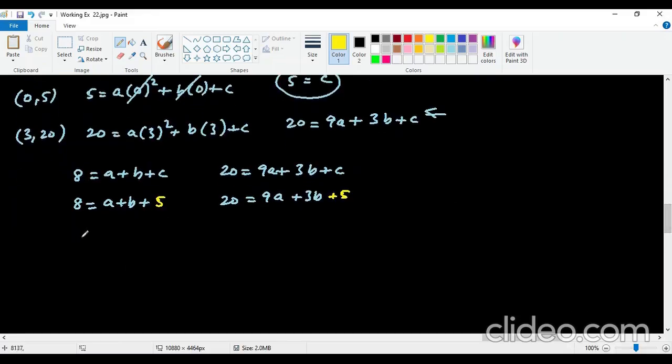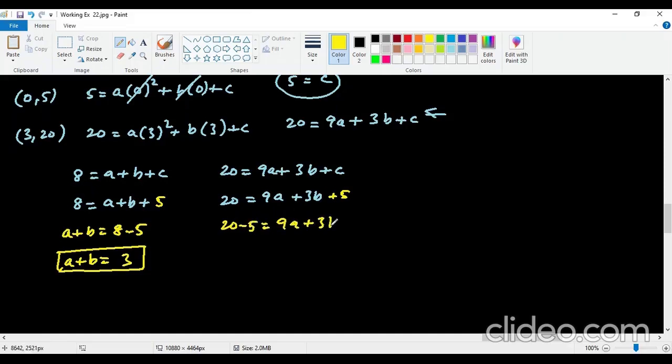Now in here, a plus b equals 8 minus 5. So a plus b equals 3. This is the first equation. And in here it is 20 minus 5 is 15, so 9a plus 3b equals 15.